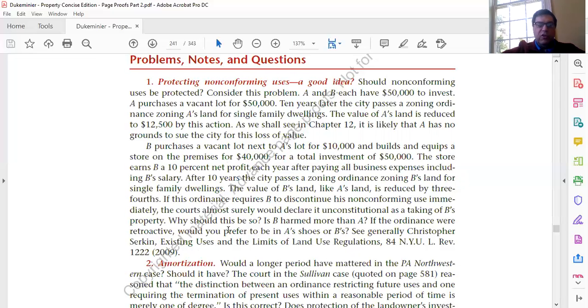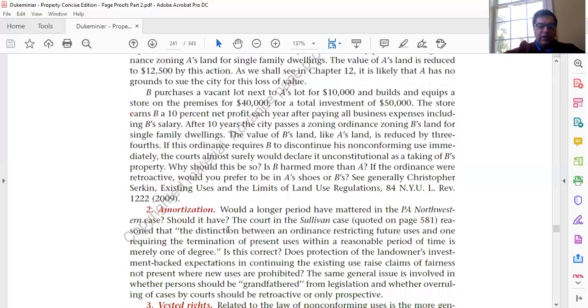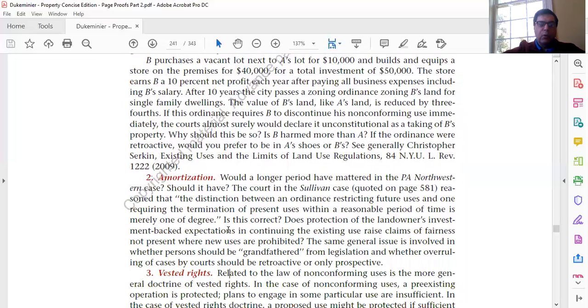Note 2 on the page after the case asks, would it have mattered if there had been more than 90 days in the amortization period in the PA Northwestern case? The court's decision seems to make clear that it would not have made a difference in the reasoning of the Pennsylvania Supreme Court.